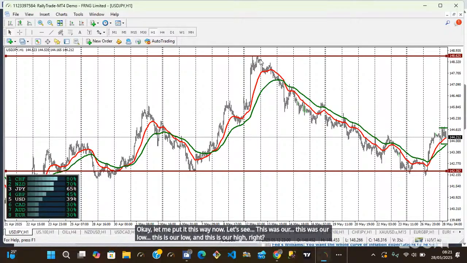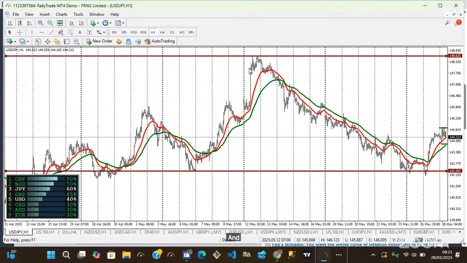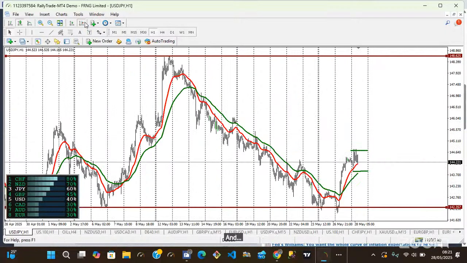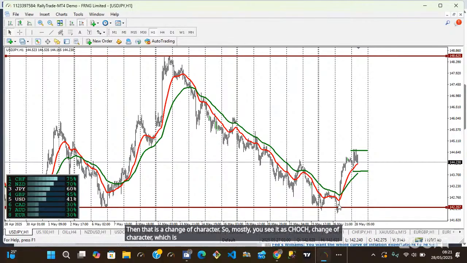If price continued down and breaks below this low here, then that is a change of character. Mostly you see it as CHOCH, change of character, which is price is no longer in an uptrend, it's now a downtrend. It has broken below our range.